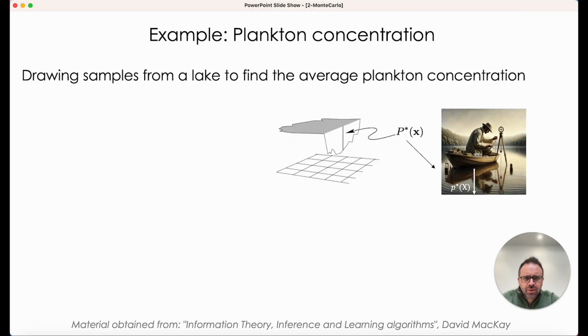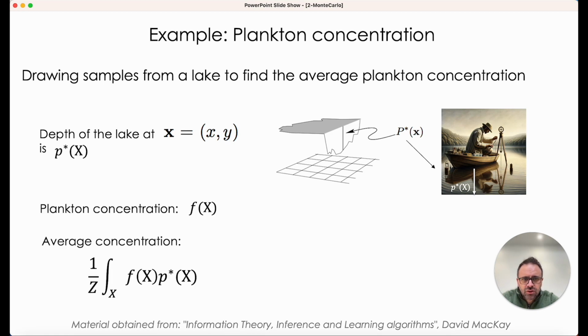Okay, so let's set up the problem a little bit here. P star is going to be the depth of the lake at any position x. Imagine that x has two dimensions, x and y, to locate ourselves in the lake. And imagine that the concentration is a function that, of course, depends on the position. So at the end, the average concentration of plankton is going to be this integral.